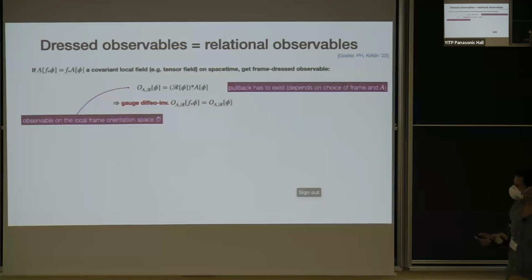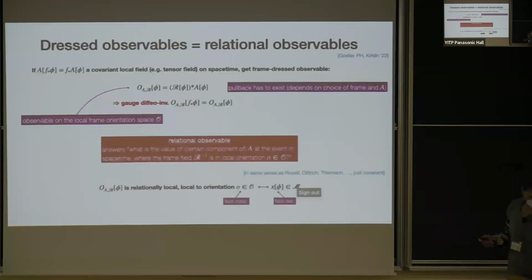And now, this object is an observable that really lives on the orientation space. It's no longer, for instance, a tensor field on spacetime. And again, it is a relational observable.